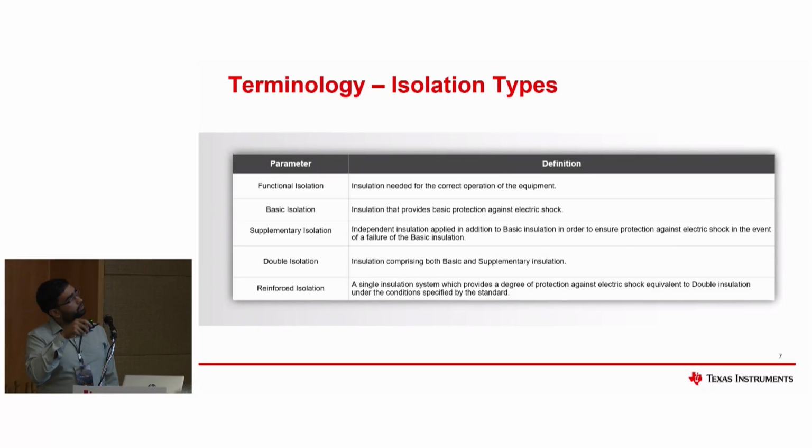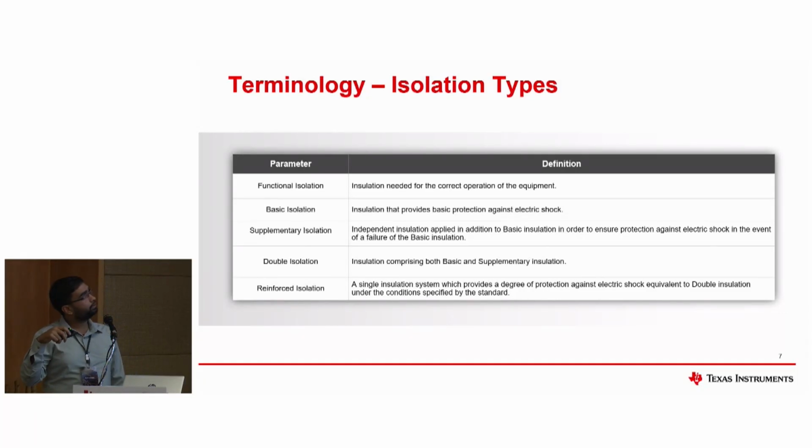So the functional isolation is nothing but you have the correct operation between two ground domains, but without a requirement of protection against electrical shock. Basic isolation is you have the signal transmission between two ground domains, but it offers one basic degree of protection against electric shock.